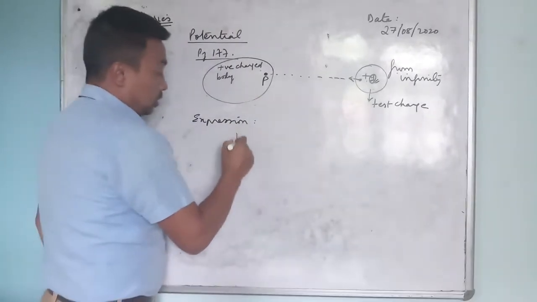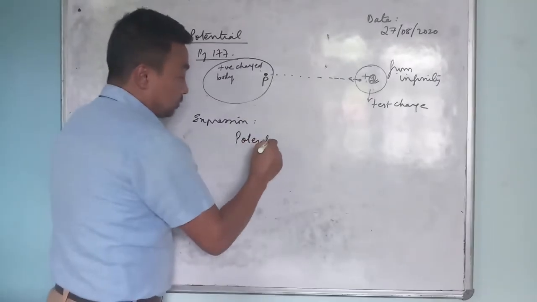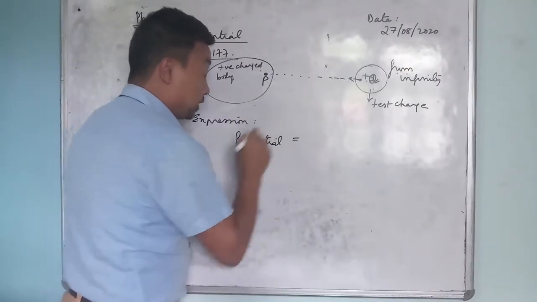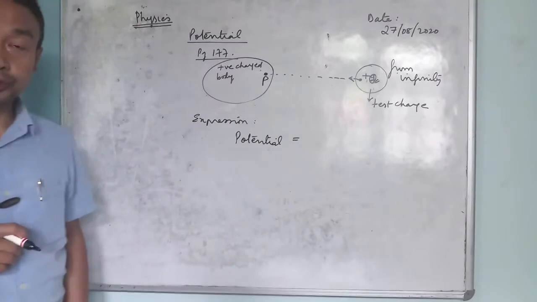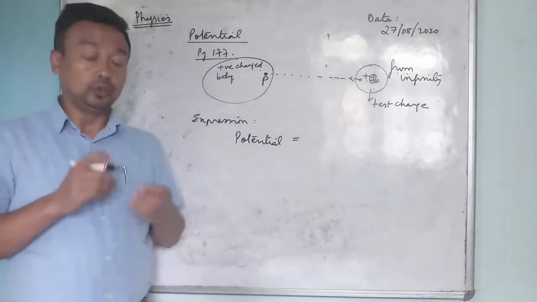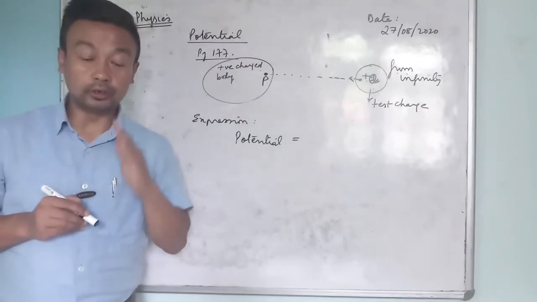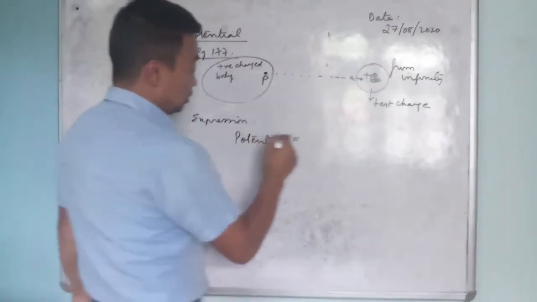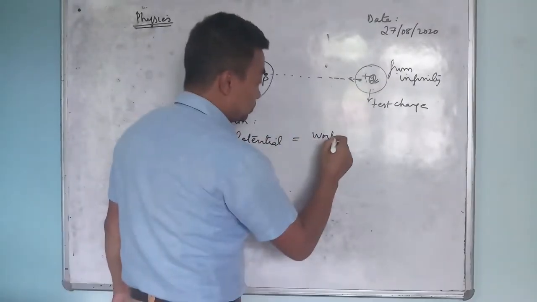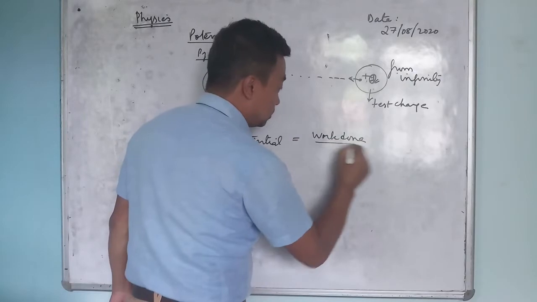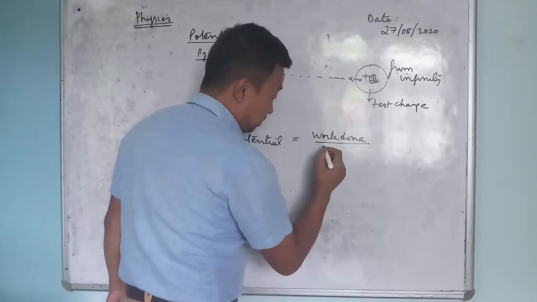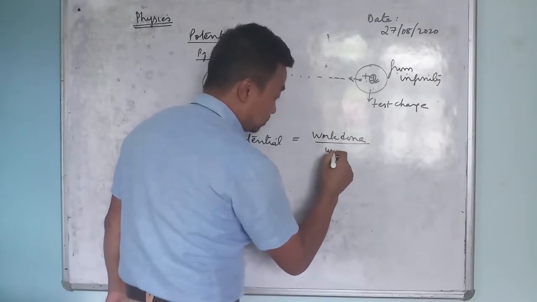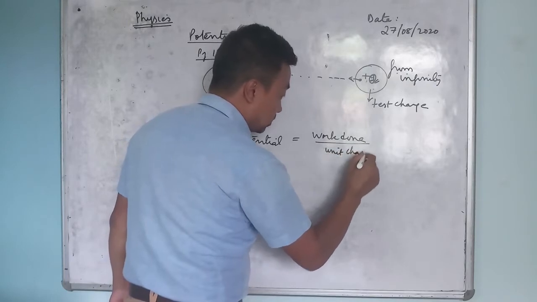So let us write down the formula for the potential. This formula is very important from your exams point of view. You are going to get some simple numericals on this. So potential is work done divided by the charge, unit charge.